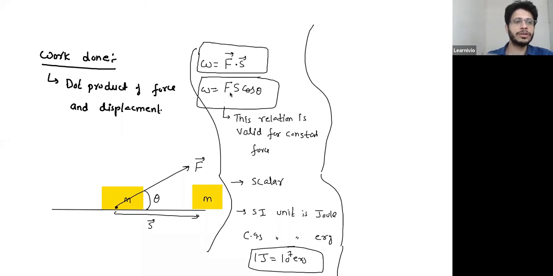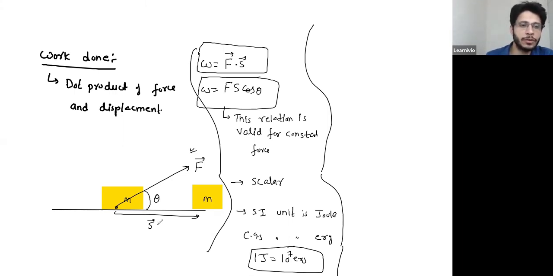And just one more thing. This work done of mechanics is not the work done that you studied in literature. Like in literature, even if you are sitting or sleeping, you are doing some work. But in mechanics, work done simply means you applied a force F on the body and the body gets displaced by some value S at some angle theta.